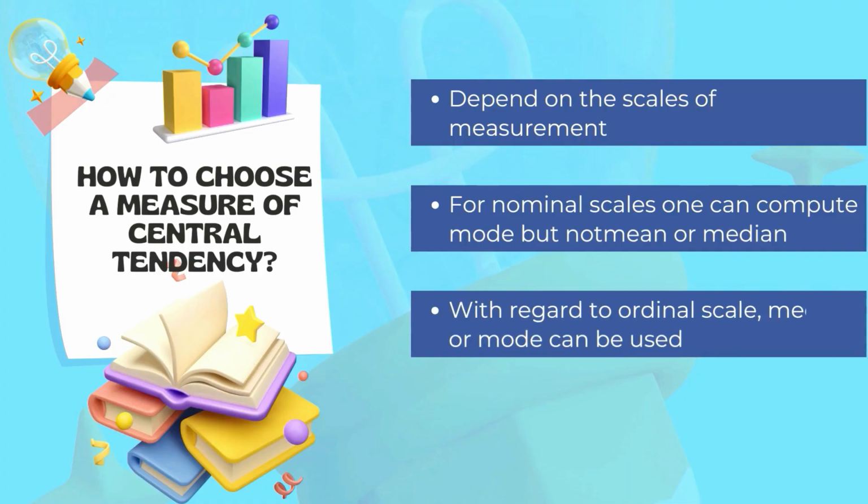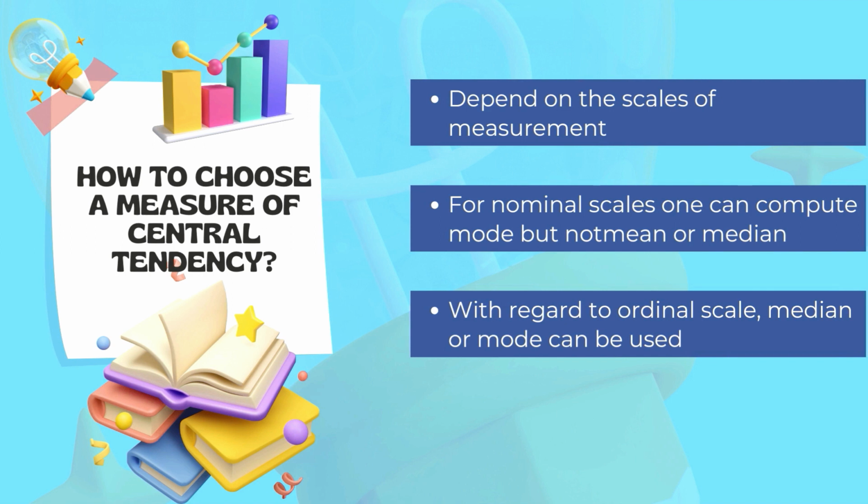As far as the mean is concerned, we can't go for mathematical calculation, because nominal data is categorical in nature, like gender or religion, which cannot be mathematically calculated. So only on the basis of frequency do we go for further analysis. If you have data in the nominal scale, we can only use mode for central tendency. With regard to the ordinal scale, median or mode can be used.